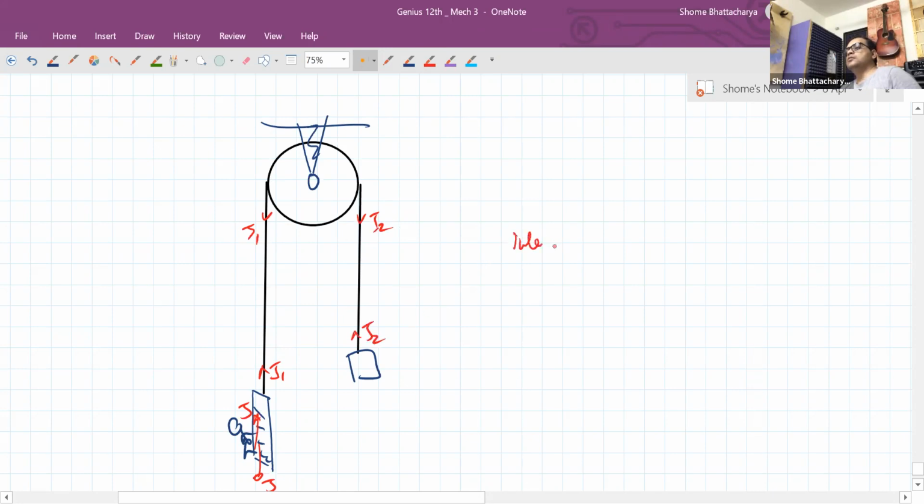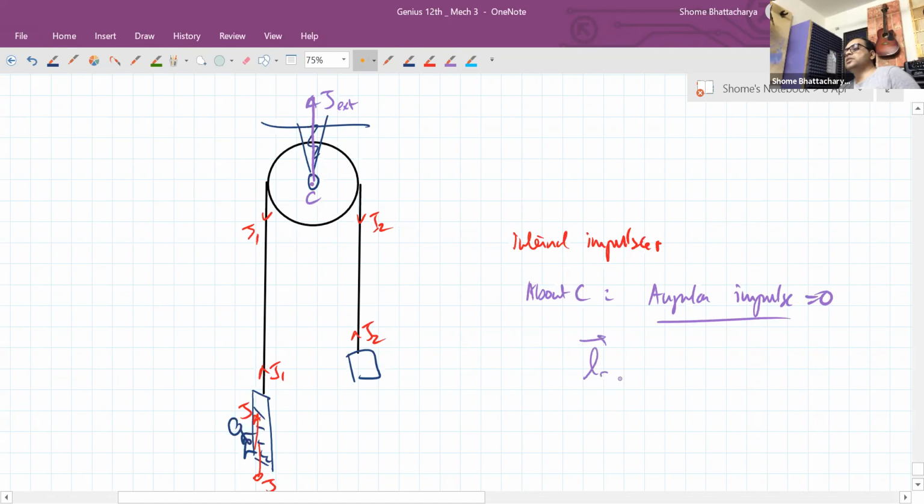These are all internal impulses. But because of this, there is some external impulse that acts through the center of the pulley. So about the center of the pulley, angular impulse is 0. So angular momentum of the system about the center C of the pulley is conserved. You can apply this concept directly.